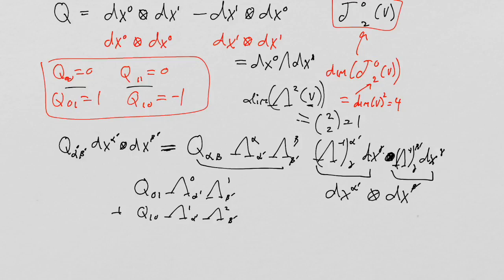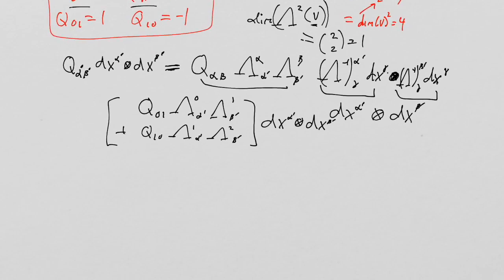And the basis vector here, of course, we know what it is. It's this term here times that. So I would put this in some kind of brackets, and then go dx alpha prime tensor product dx beta prime. Now I have to calculate this term by term, choosing x alpha prime and x beta prime.